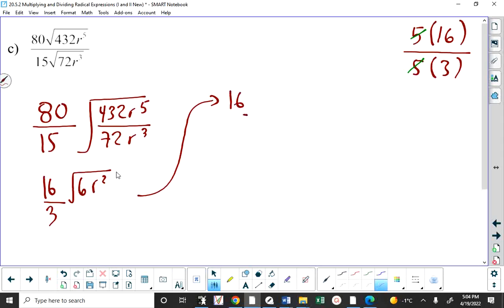I'm sure many of you don't have to write this step, but the square root of 6r squared is the square root of 6 times r. And since you have a pair of r's under a square root, we can write that as a single r outside. So we end up with 16r over 3, or 16/3 r root 6.